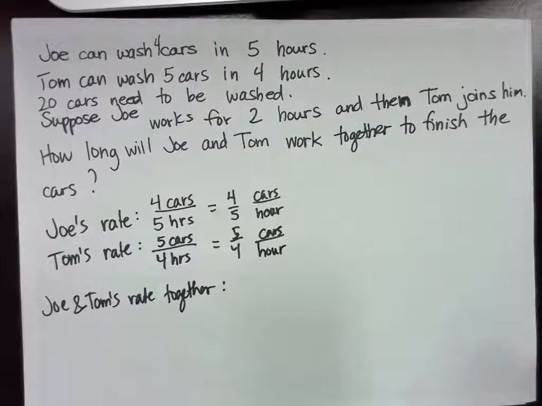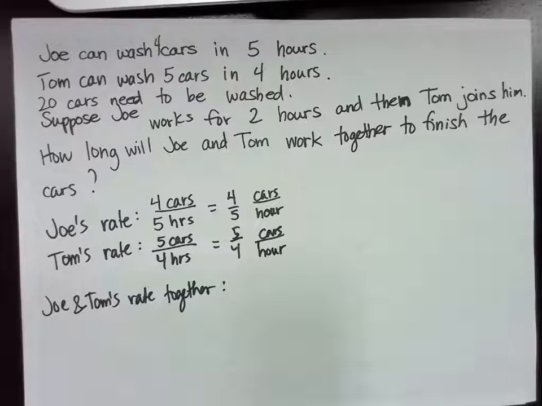Now, who knows? In reality, maybe once they're working together they're really competitive and that spurs them on, and so they actually work faster, or maybe they're really chatty and they spend a lot of time talking, so it slows them down. But we're not talking about reality, we're just talking about theoretical models here.